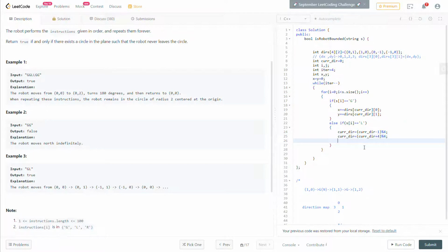I hope you got this point clear, because -1 modulo 4 is actually positive in human language, but -1 modulo 4 will be treated differently by the computer. So just a minute.